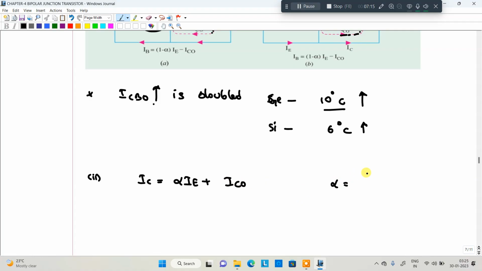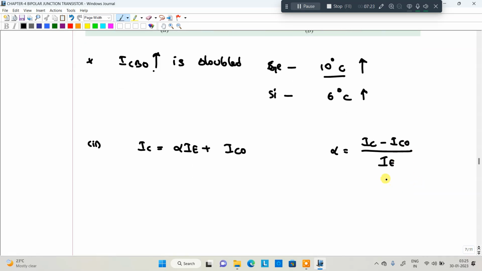Alpha is equal to IC minus ICO divided by IE. ICO, the leakage current, is very small compared to collector current, so in general alpha is equal to IC by IE.